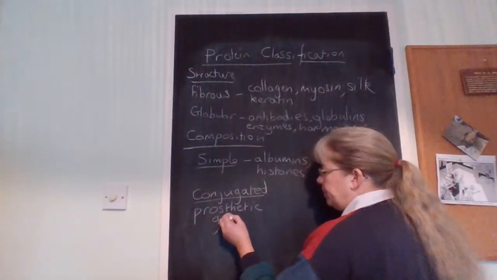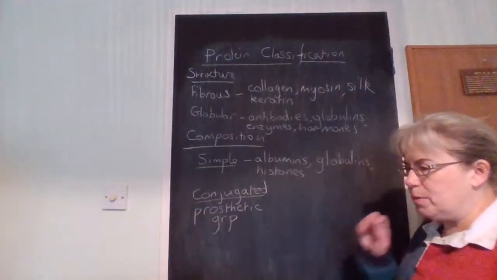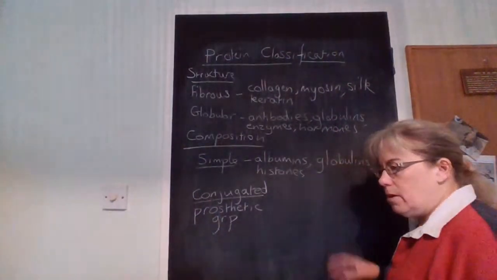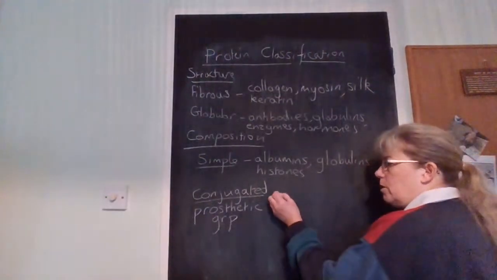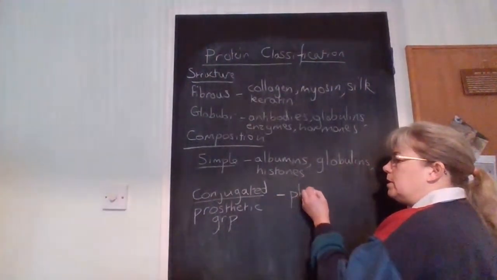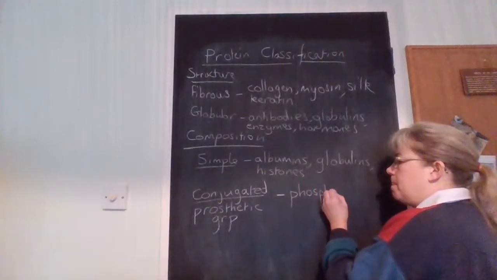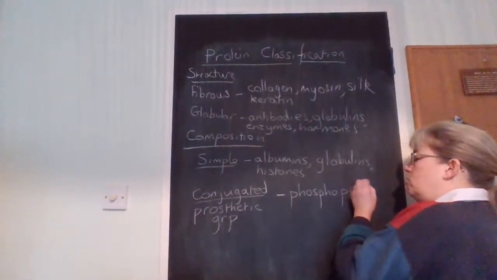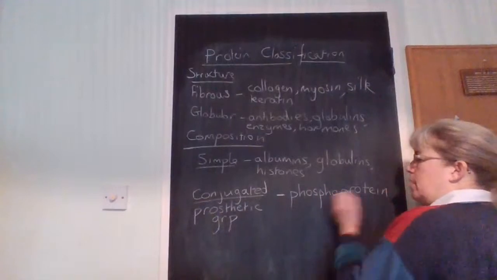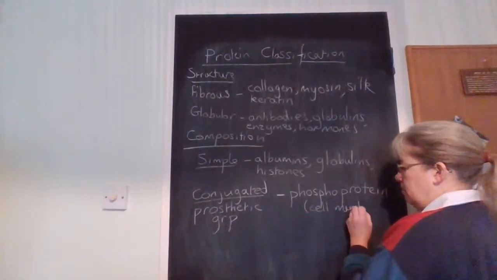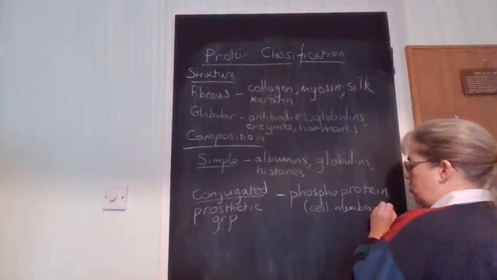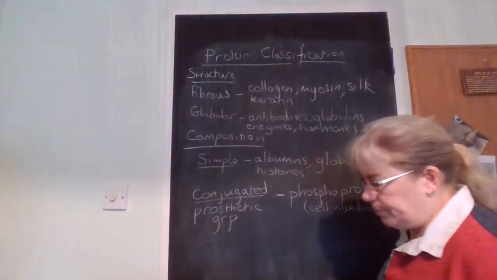Things like phosphoproteins. Anybody got any ideas where you might find a phosphoprotein? In cell membranes. They're to do with cell recognition.